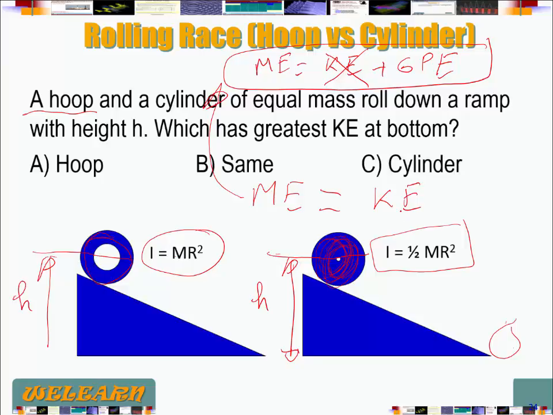The kinetic energy is both rotational kinetic energy and linear kinetic energy, but it is kinetic energy. And you notice here it is the same, irrelevant of the shape of the object. That kinetic energy is just equal to the initial mechanical energy, just due to the conservation of energy.